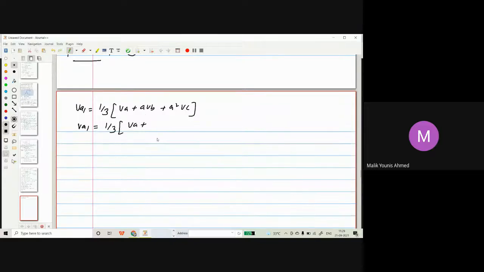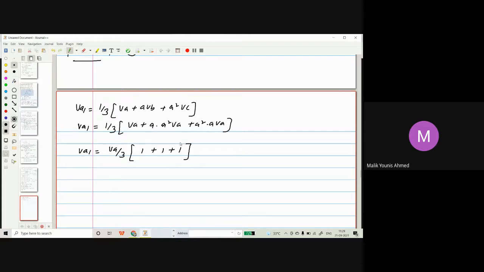So we'll be writing here A into A square VA plus A square into A VA. So VA1 can be written as VA by 3 again, and A cube is 1, plus A cube is also 1, plus 1. So that is equal to VA.